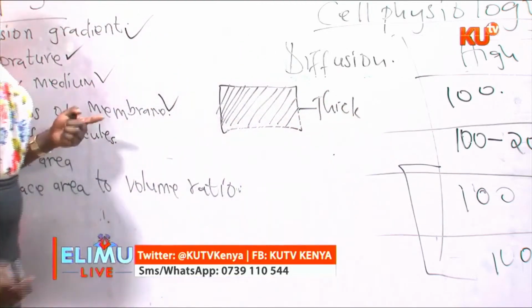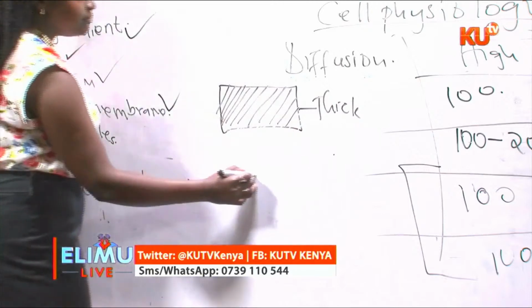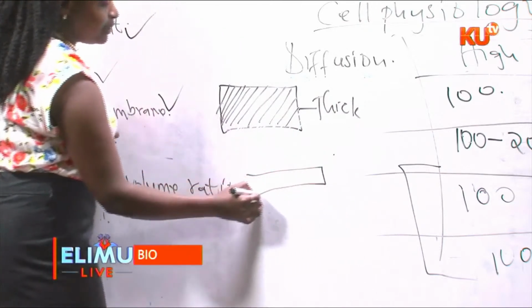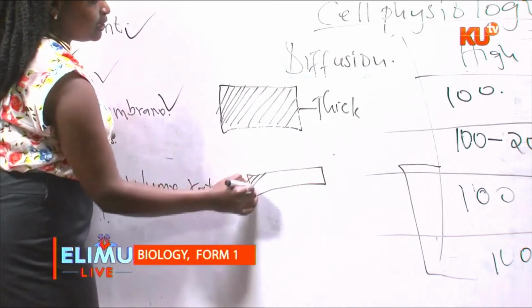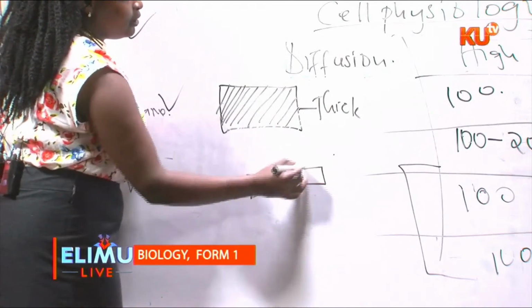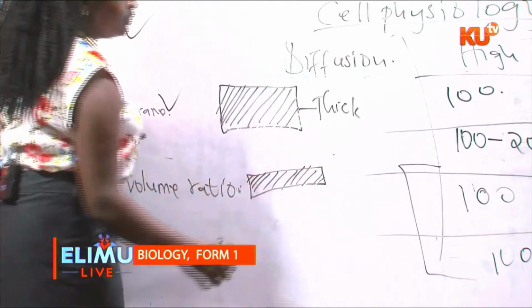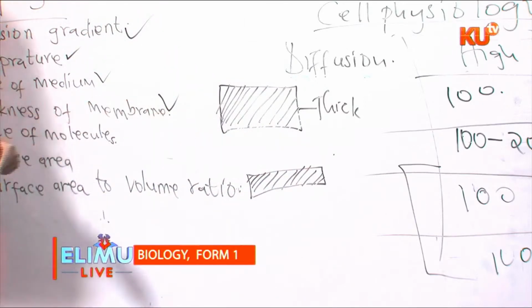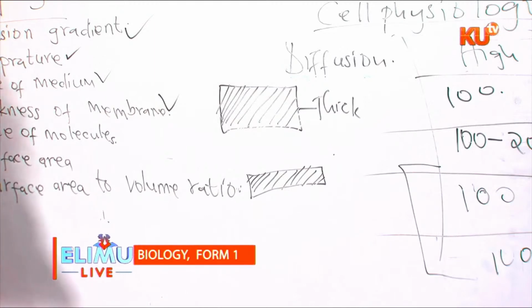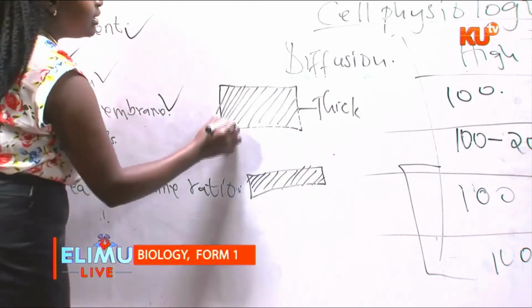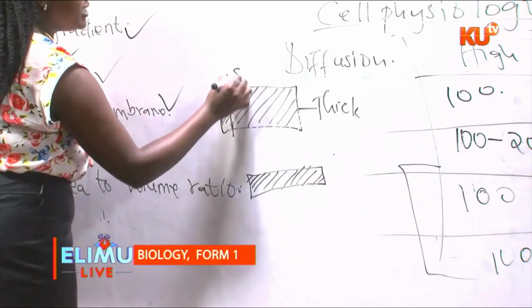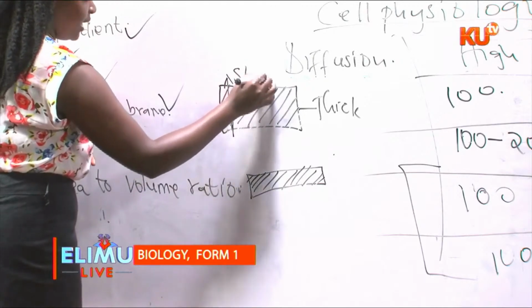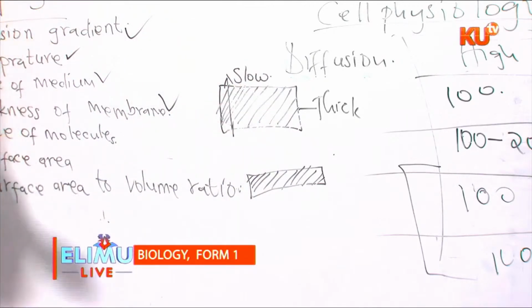And we have another membrane that is thin. Thin, like this. So in thick membranes such as this, the rate of diffusion is slow.